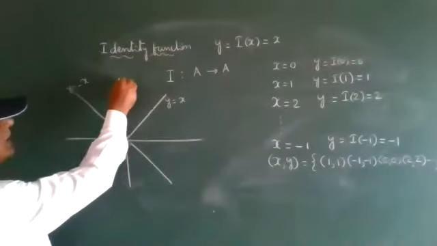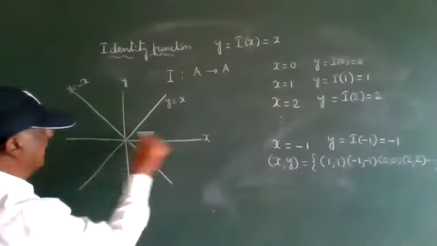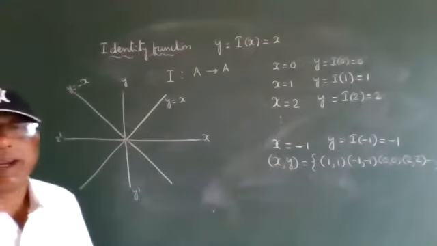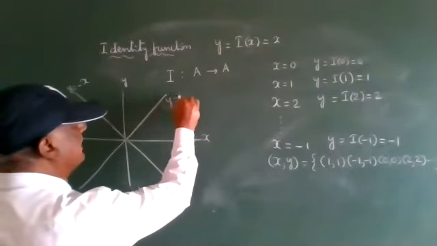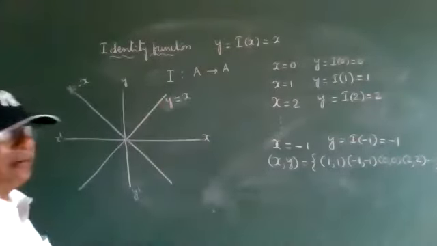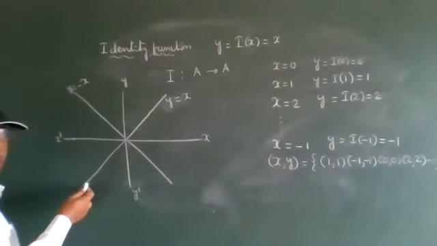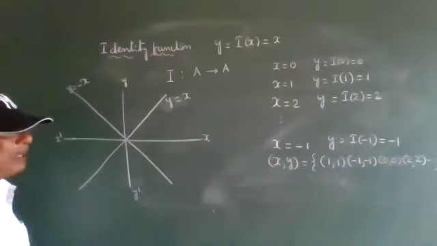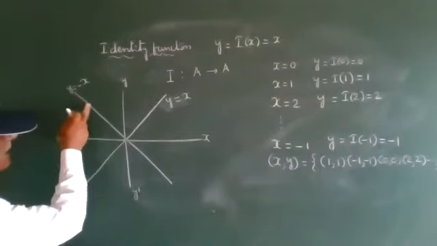Okay? So this is y and y dash, and this is x and x dash. This is called the identity function. Y and x values are the same. If we take negative x values, y is also negative, so y is equal to minus x.